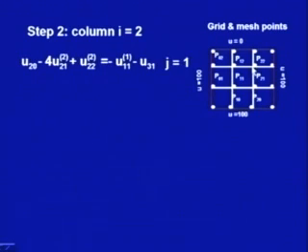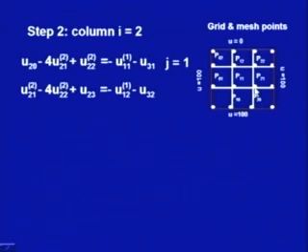Similarly, moving to the second point u22, because we are moving in the column direction, it should be u21 minus 4 u22 plus u23 is equal to minus u12 minus u32. u32 and u23 are boundary points. Moreover, the right hand side u12 is from the first approximation, and on the left hand side we get the second approximation.